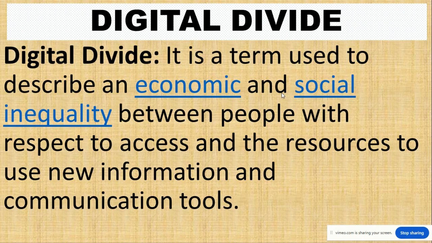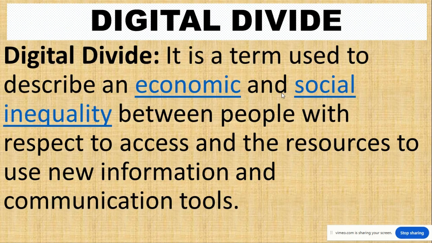What do we mean by digital divide? It is a term used to describe an economic and social inequality between people living in the community with respect to access to the resources used for information and communications purposes.